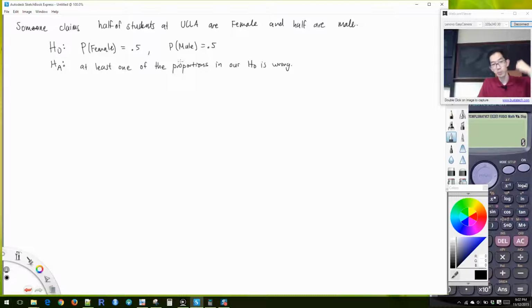Now in this case, because there's only two proportions, if the female one is wrong, then that necessitates that the male one is wrong. But you could have a scenario where you have 3 proportions or 4 proportions, and if one of them is wrong, it could mean that all of the other ones are also wrong, or it could mean that just one is wrong, but the other ones get absorbed in some of the other ones.